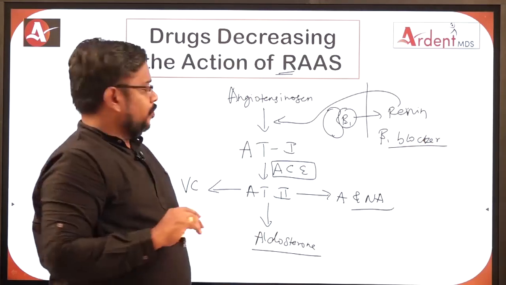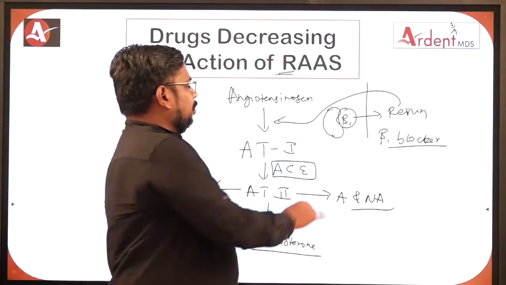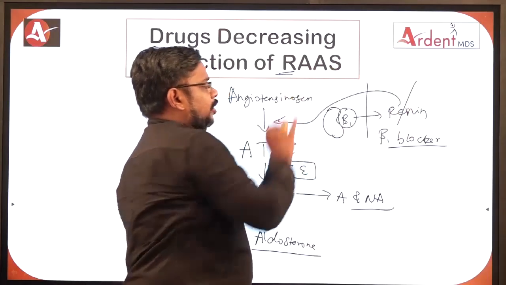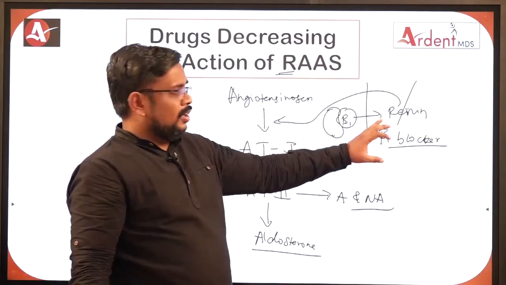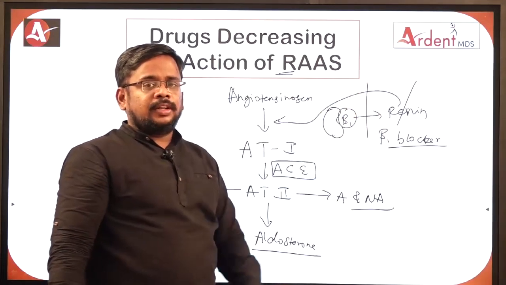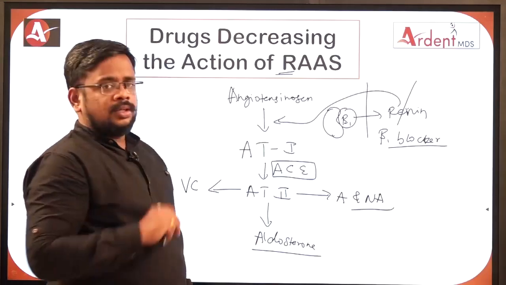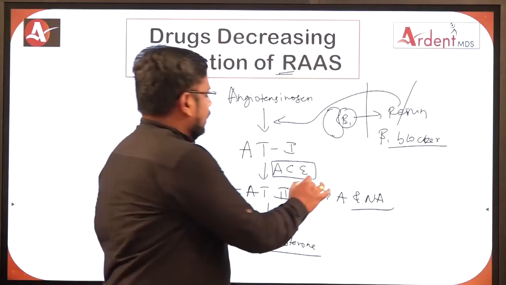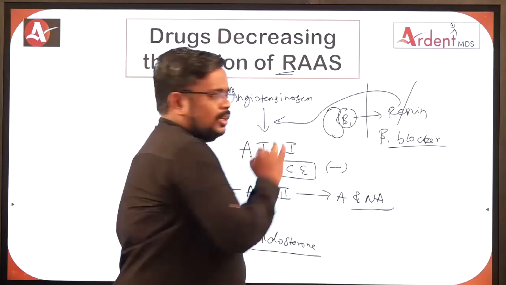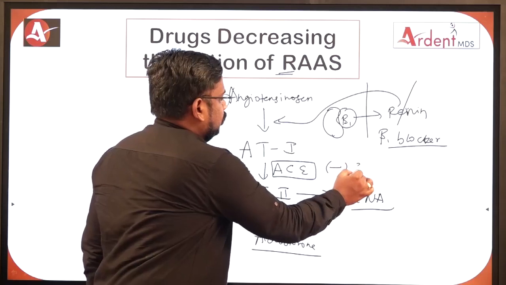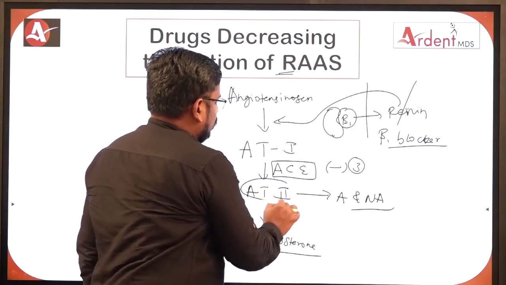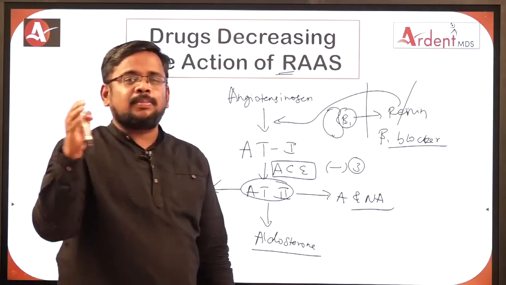This is the first one. Second, you can inhibit the renin. By using the beta 1 blocker, you can inhibit the release of renin, and you can directly block the renin with a renin inhibitor. Third one is about ACE inhibitor, angiotensin converting enzyme inhibitor. The fourth is about angiotensin 2 receptor blocker.